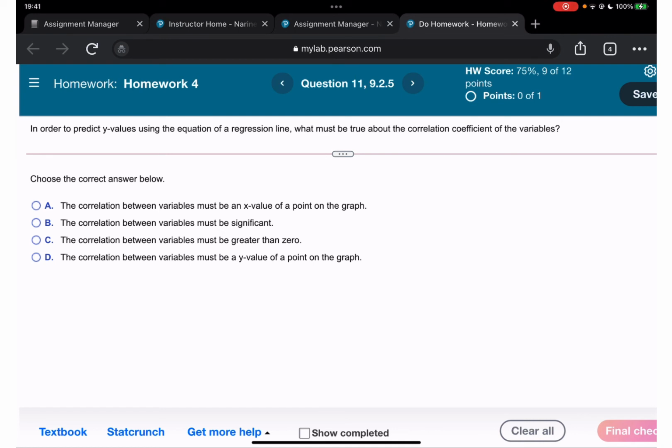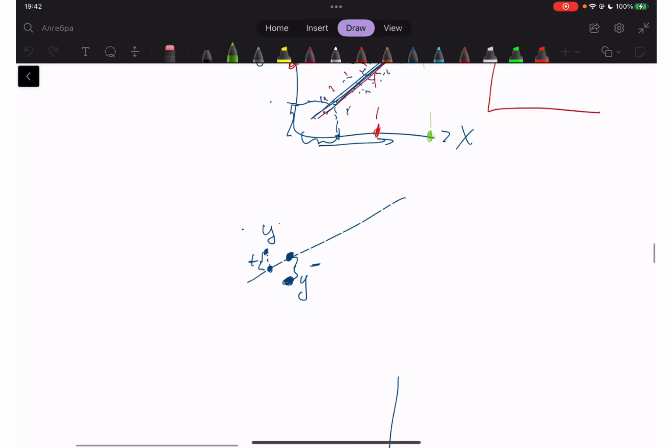In order to predict the y value using the equation of the regression line, what must be true about the correlation coefficient? The correlation has a coefficient. Based on that coefficient, we can figure out how strong it is. Let me explain this real quick. This is the correlation coefficient. No correlation is 0. The perfect correlation is 1.